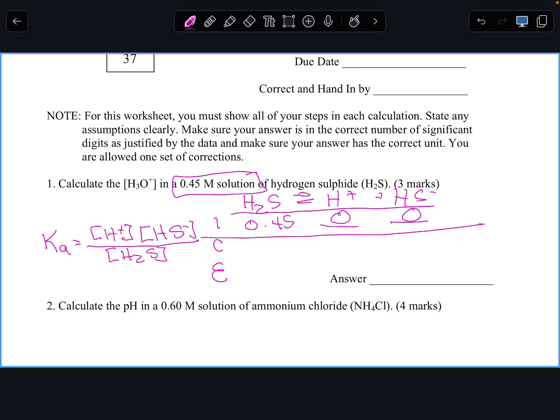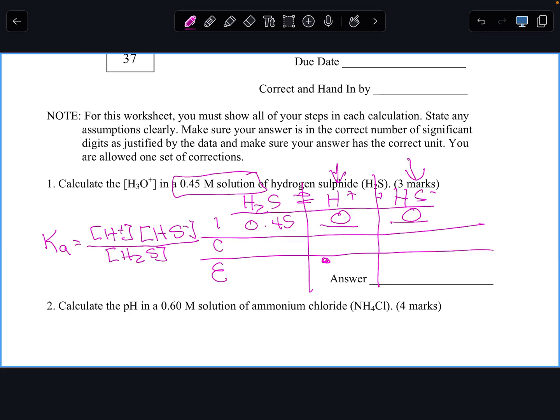Okay. Now, what we're trying to find, our unknown, is this value right here. This is my unknown. Do you agree that my H+ concentration has to be equal to my HS- concentration? Stoichiometrically, they're equivalent, 1 to 1, correct?